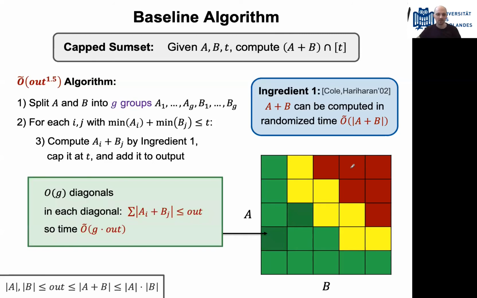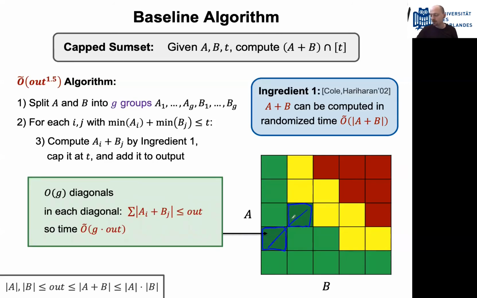What's the running time of this baseline algorithm? First of all, if you look at one green box, then it's contained in the green region. So this sumset ai plus bj has size at most out. Not only that, if you look at the whole diagonal of green boxes, then all the sums in here are below all the sums in here, so they are distinct from each other.